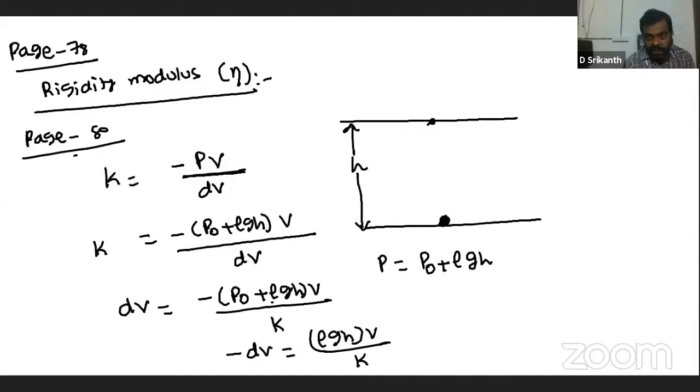And the next point: the reciprocal of bulk modulus is compressibility, indicated here with C. These are the applications and types of modulus.